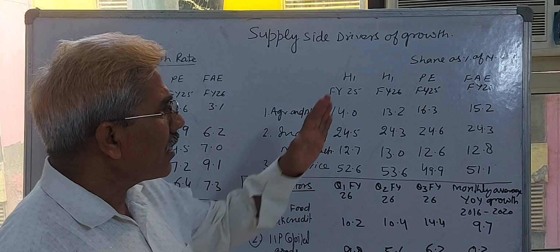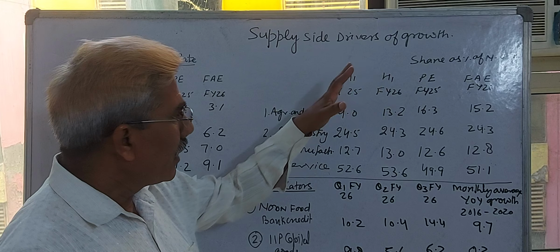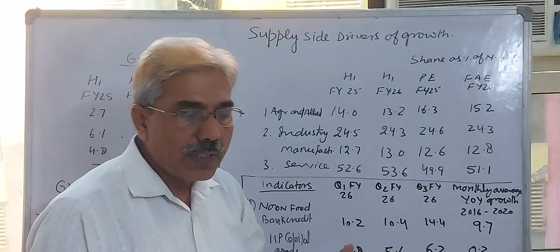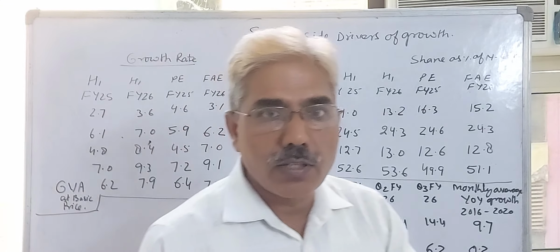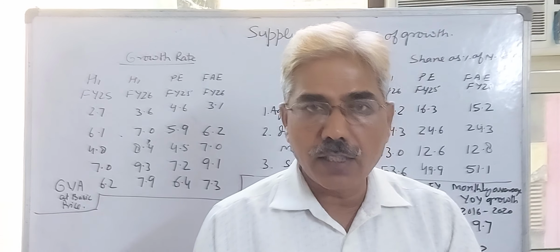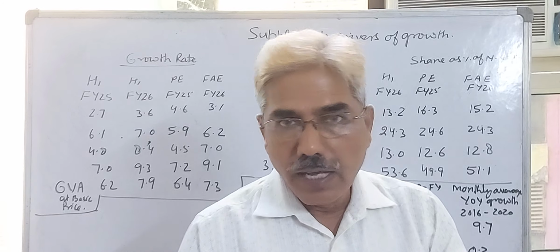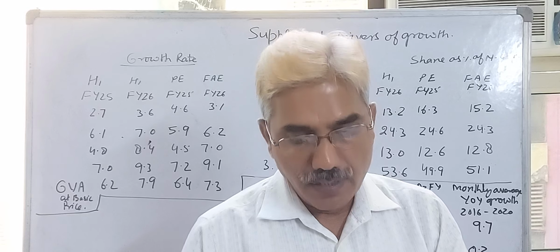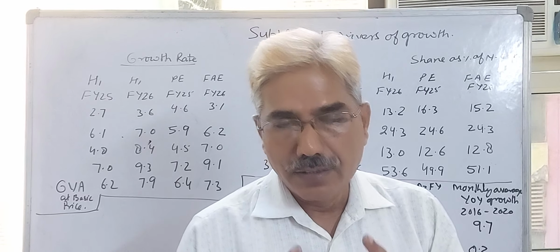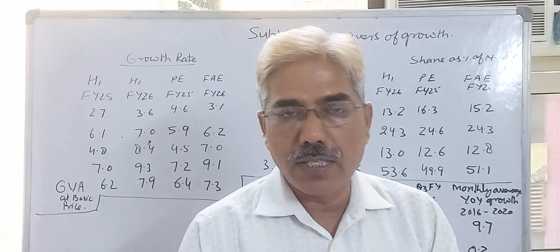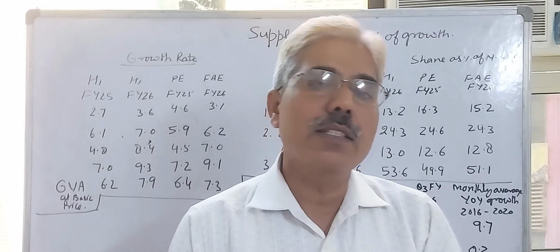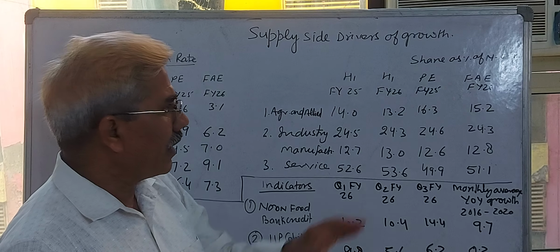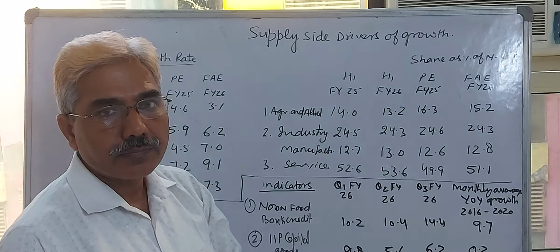Consider the share of different sectors of the economy in our GDP, namely agriculture and allied sector, industry and services sector. These three sectors you can call primary, secondary and tertiary, which you can easily understand in our nominal GDP.